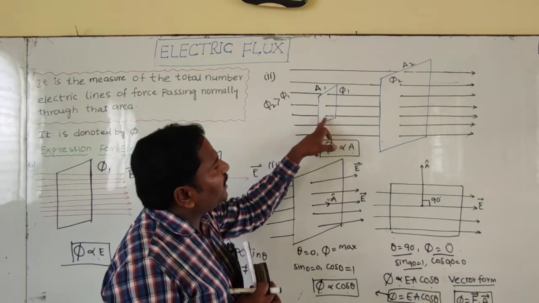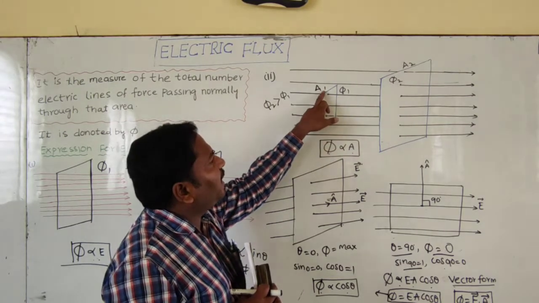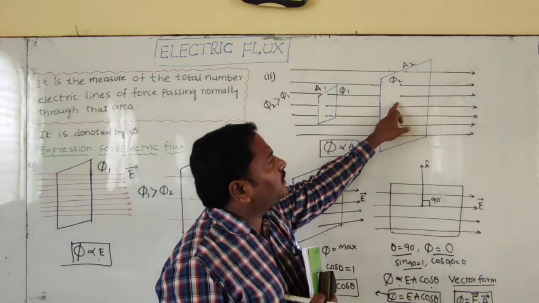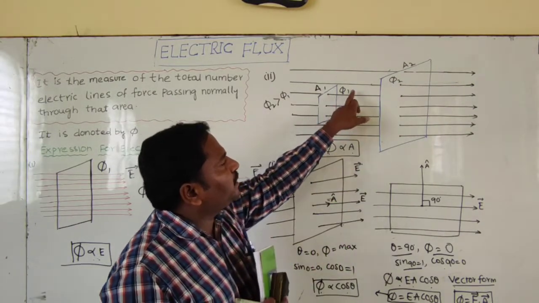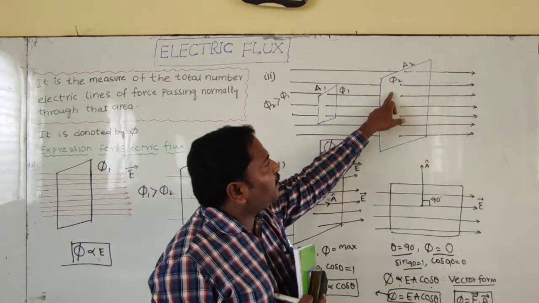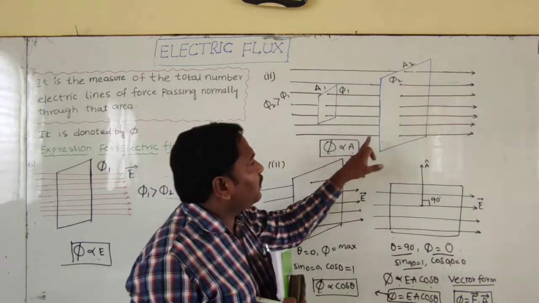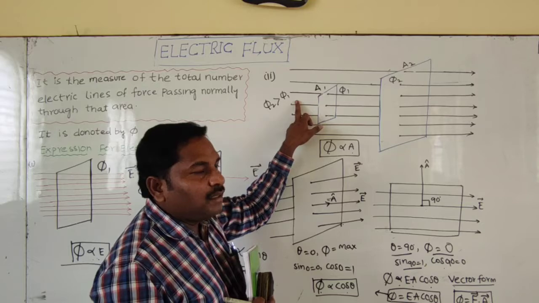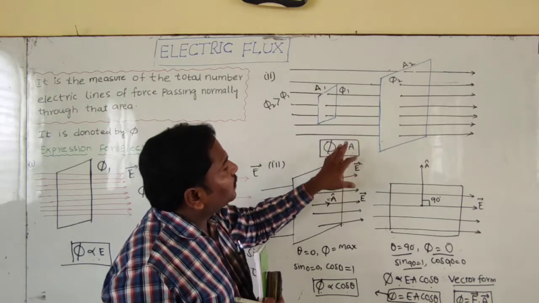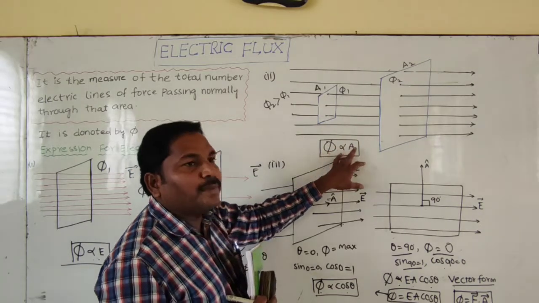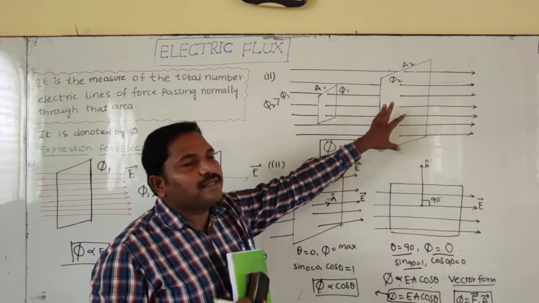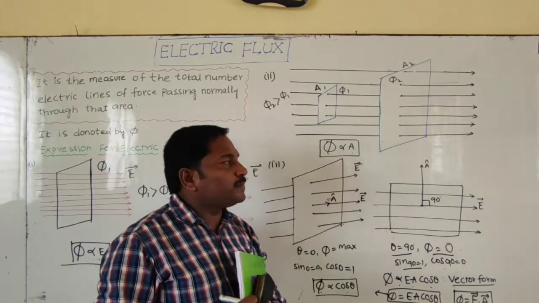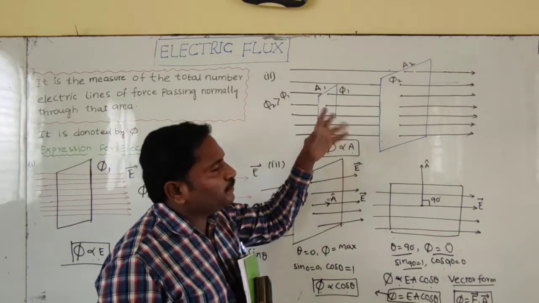Out of 7, only 3 lines flow through area A1 and 7 lines flow through area A2. Here the electric flux produced is phi 1, and here phi 2. So phi 2 is greater than phi 1. That means flux is directly proportional to area. Where the area is larger, more electric lines of force flow, so flux is more.